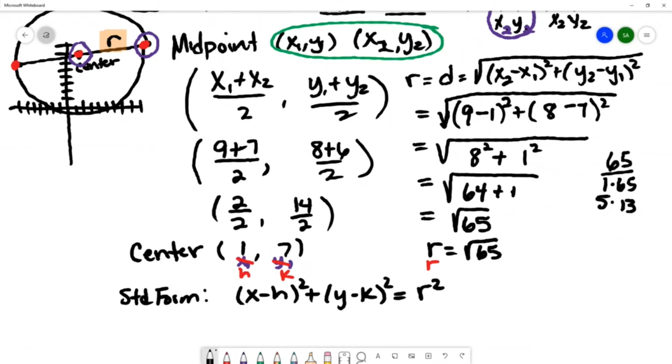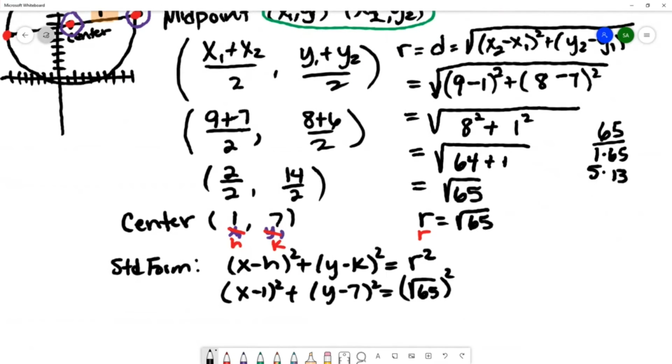Substitute those values in, and we have (x minus 1) squared plus (y minus 7) squared equals square root of 65 squared. And I'll simplify just this part on the end. The square root and the square cancel each other out, leaving me with 65.